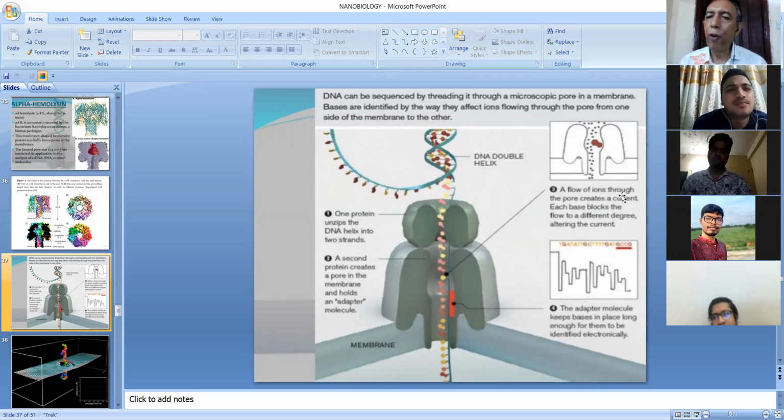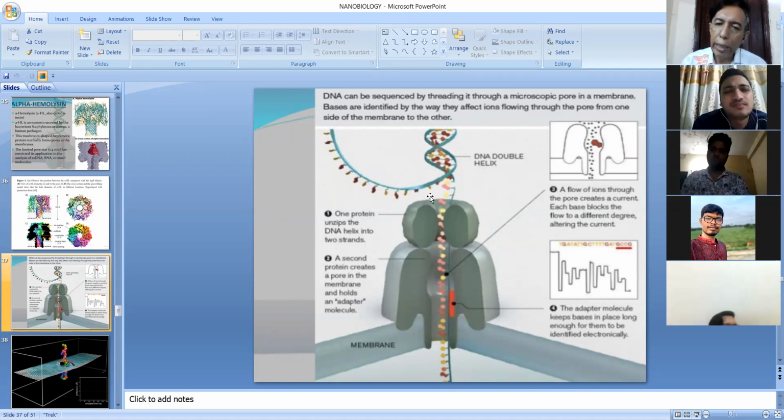Now, a flow of ions through the pore creates a current. Now, you can create a current through this pore. Why is it required? To detect the bases. How to detect the base? Say, for example, DNA has adenine.